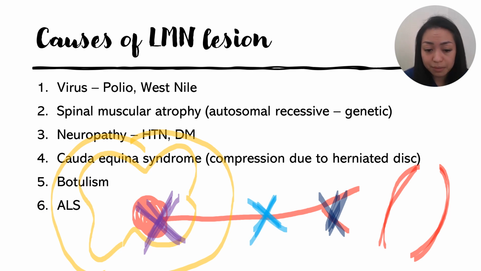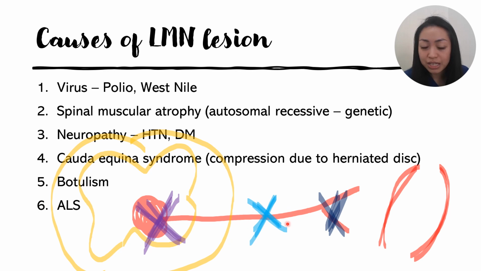Okay, so let's recap. Things that can damage the lower motor neuron at the point of the anterior gray horn are viruses or something genetic like spinal muscular atrophy.